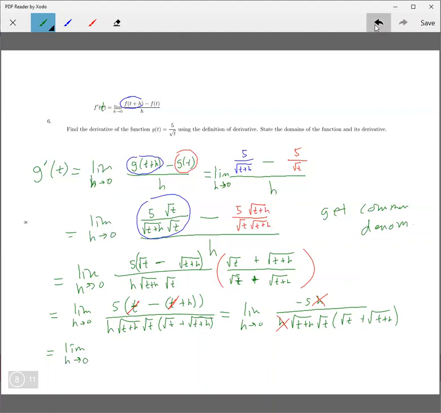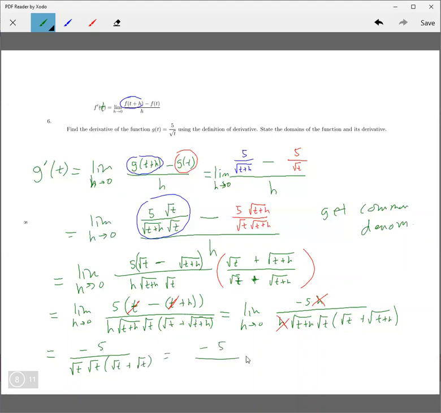Okay, now, hold on a second. I'm just going to take the limit because we're running out of space. So basically, at this point, you can just plug in h equals 0. Plugging in h equals 0 gives you the square root of t here, and this is also the square root of t, and then this is the square root of t plus the square root of t.